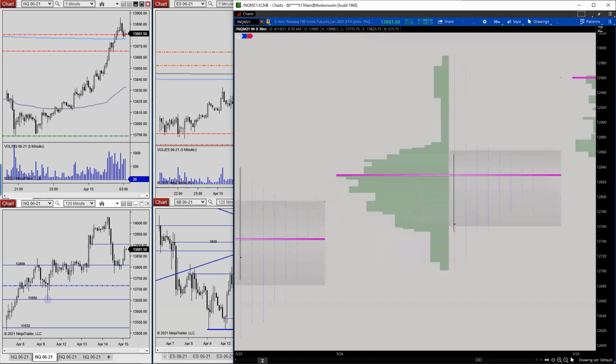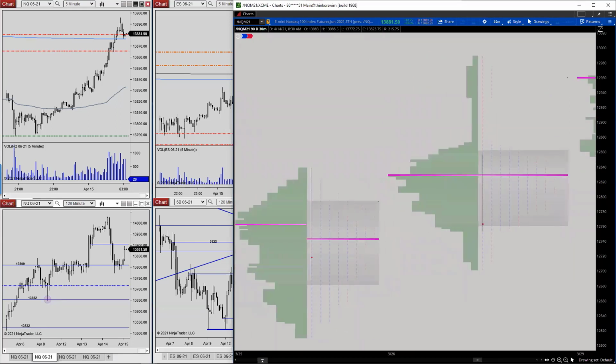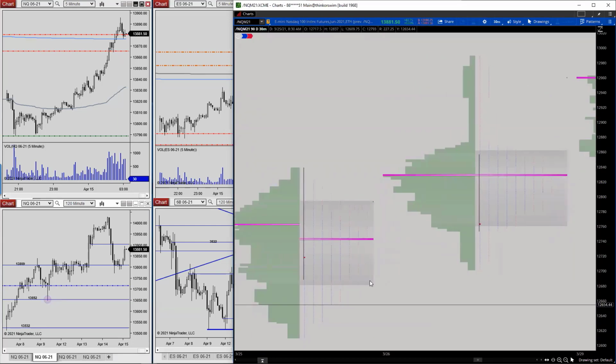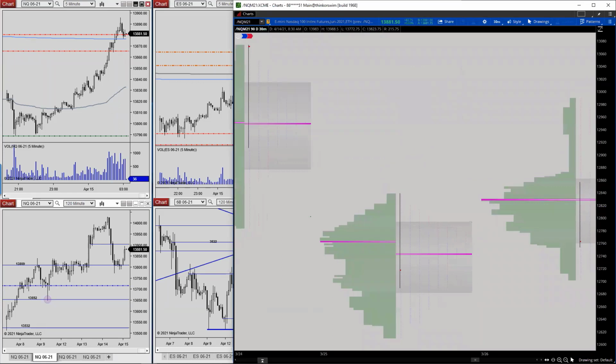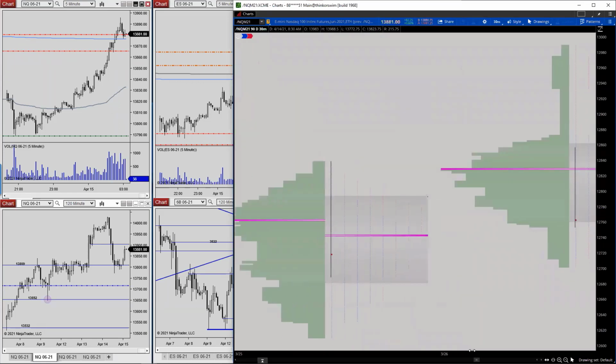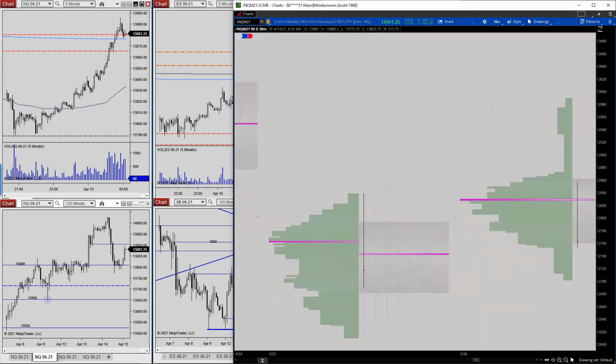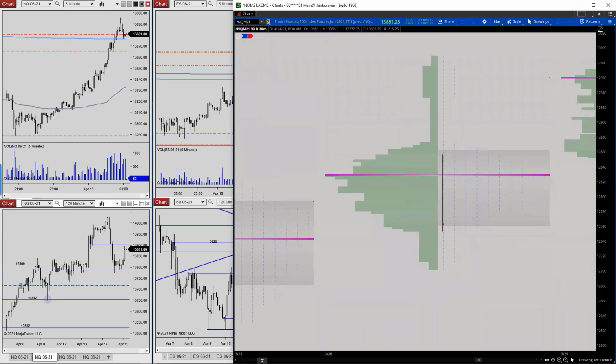Trying to show these numbers. I'll try and explain from here, and then I'll see if I can get into one of the profiles a little bit easier.